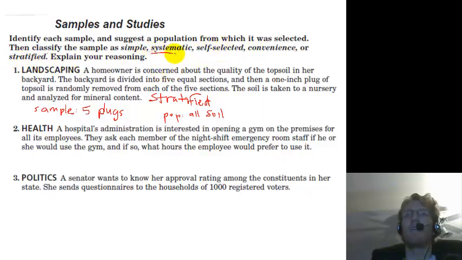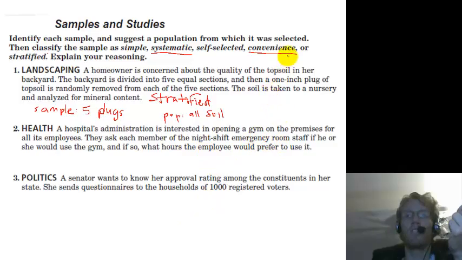So would you say it's systematic or convenience? Well, they're asking a specific group. Systematic means you start at random and then you go every increment thereof. So I would say this is a convenience sample. Maybe the time and location at which they were able to make this survey was at night in the emergency room.